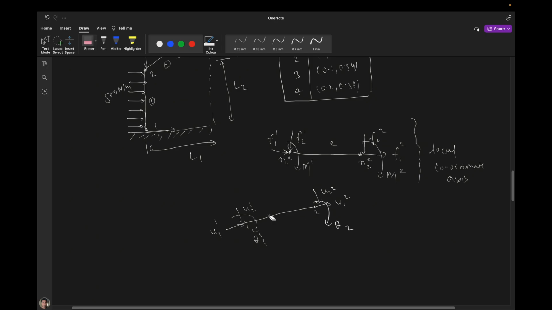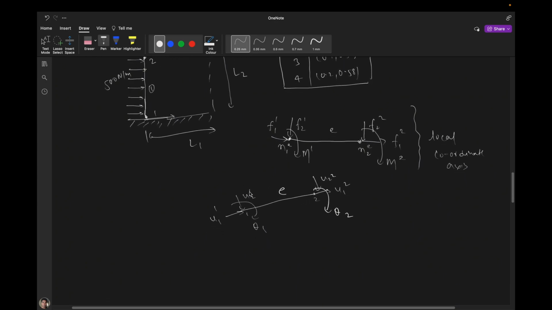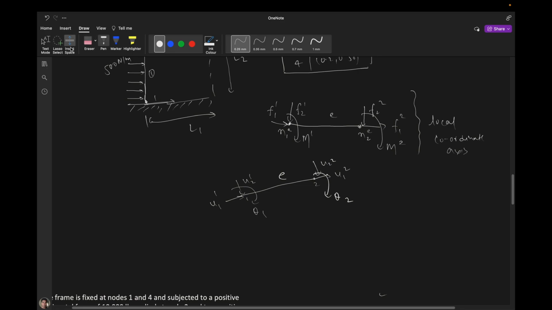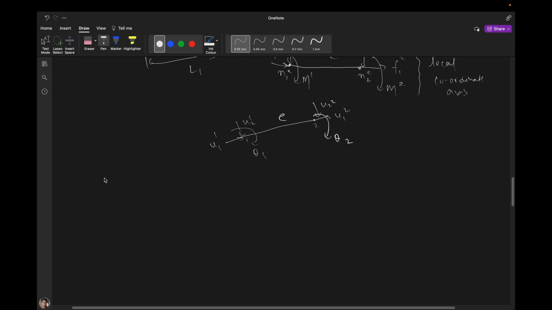So these kinds of displacements are associated with this element, which means that we need to create a stiffness matrix for each element, both for a beam and for a bar.